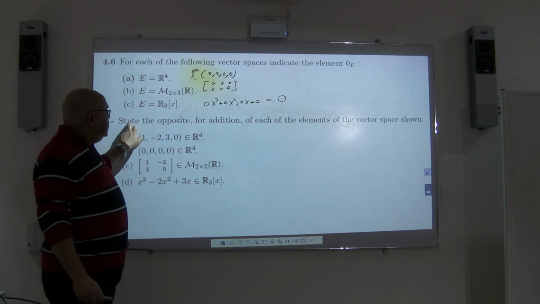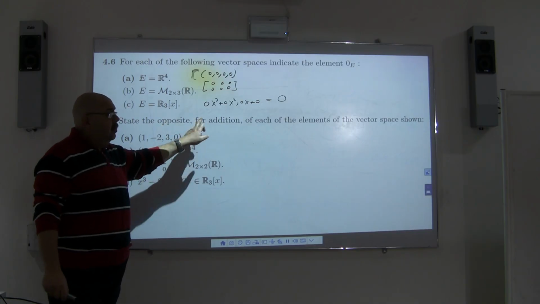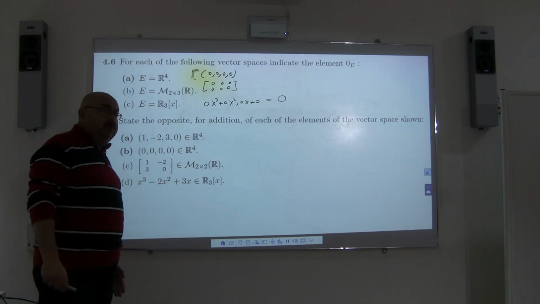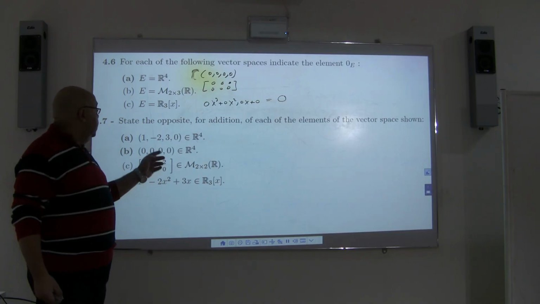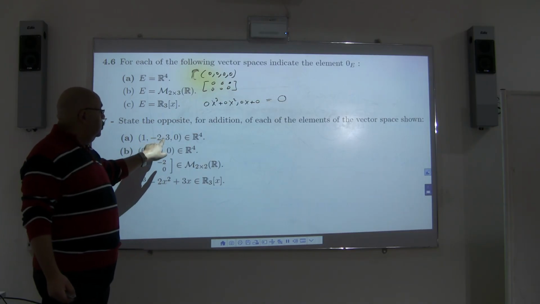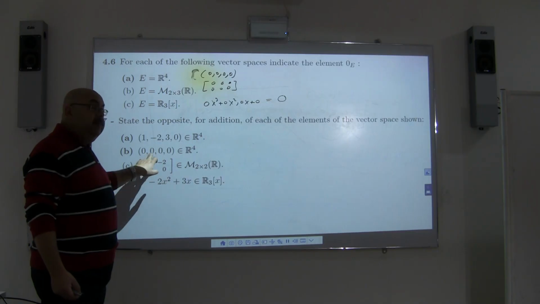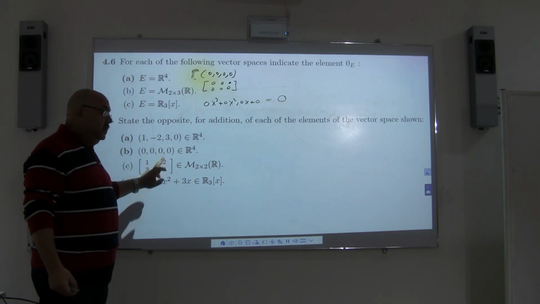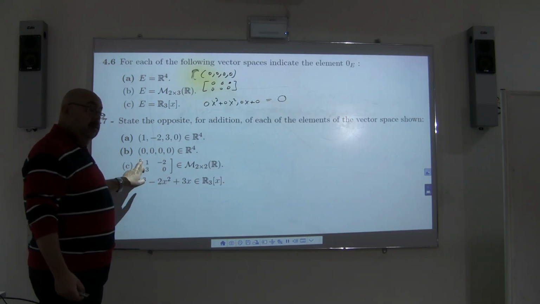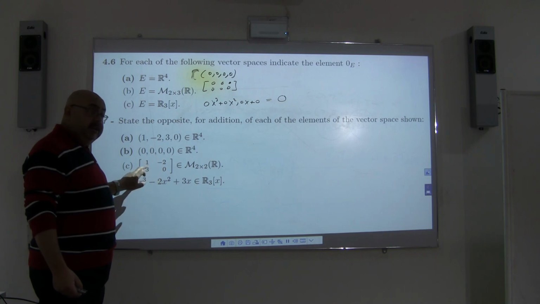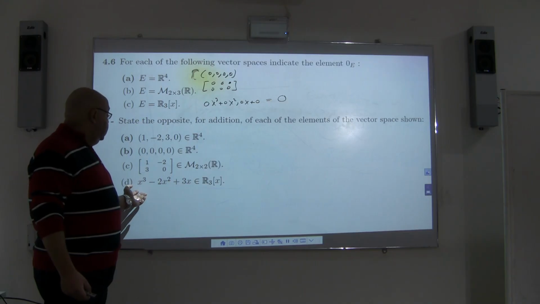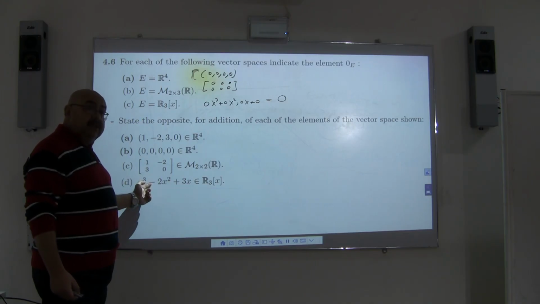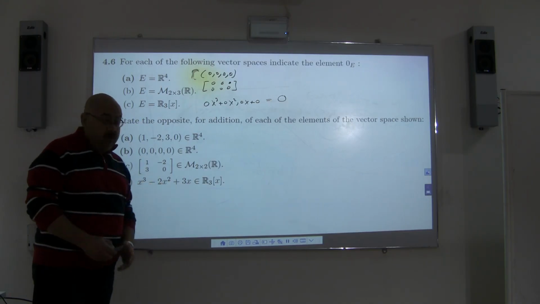Okay, state the opposite for addition of each element of these vector spaces. What's the inverse of the addition? This is going to be -1, +2, -3, and 0. This is going to be exactly the same. This is going to be -1, +2, -3, and 0. Okay, for this guy, it's going to be -x cubed plus 2x squared -3x.